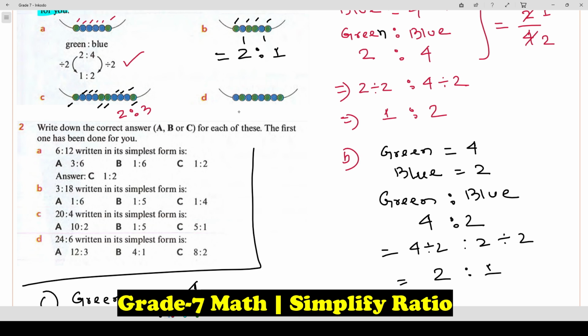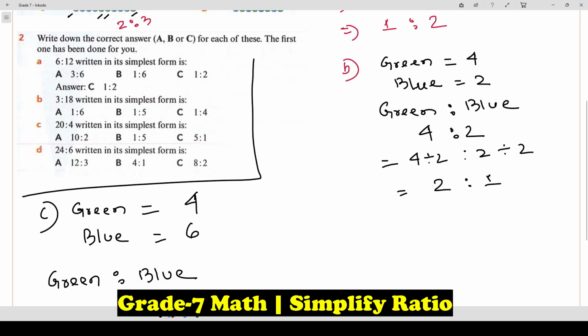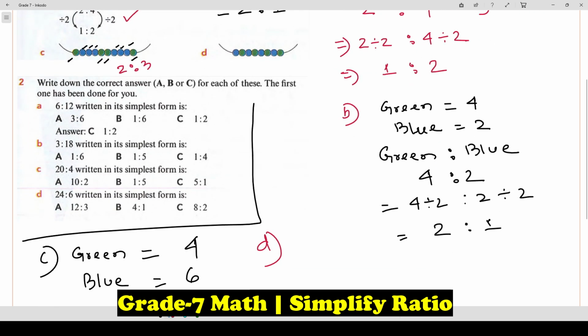So what about this one, number D? Blue 1 2 3. Green 1 2 3 4.